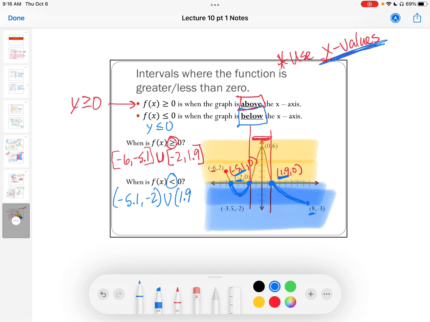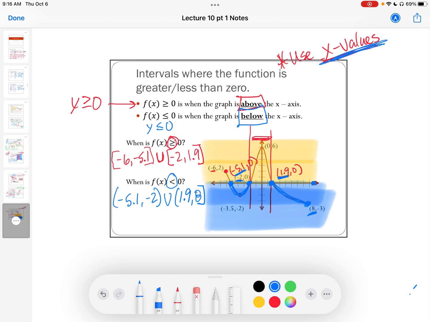I would have a 1.9, and on my 8, I would need a square bracket. Why do I need a square bracket for my 8? Well, because 8 is down below. I am including 8 down below. If 8 was up top here, I wouldn't include it. But I am including this 8 right here because it is down below.